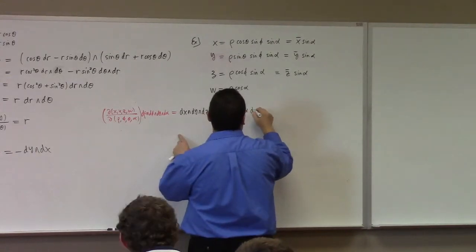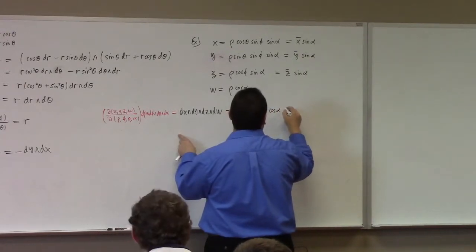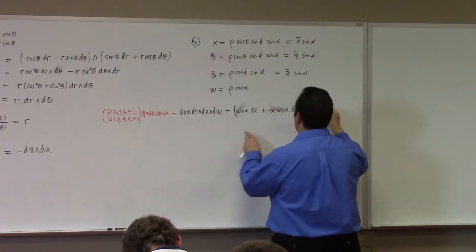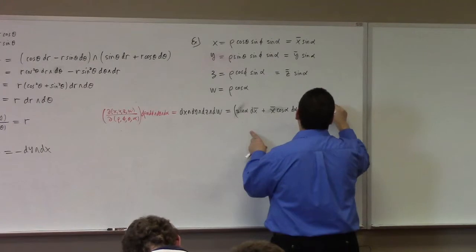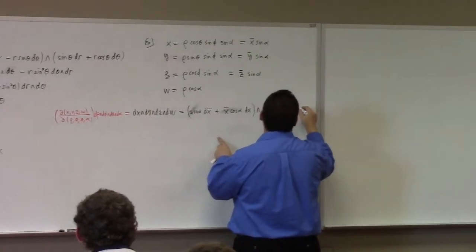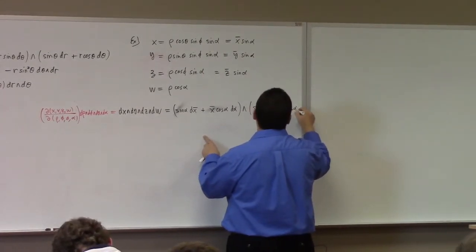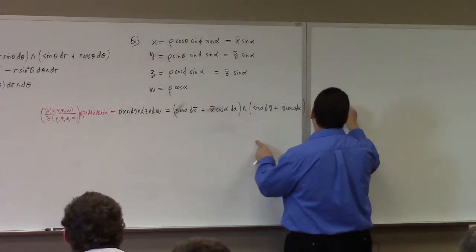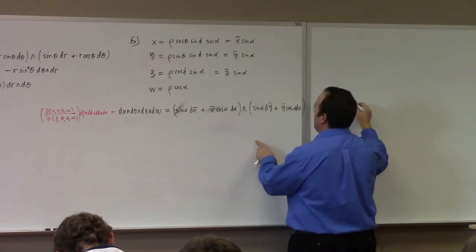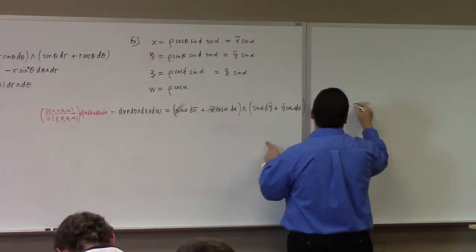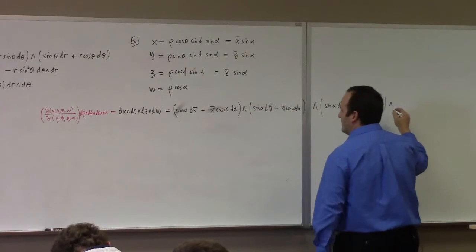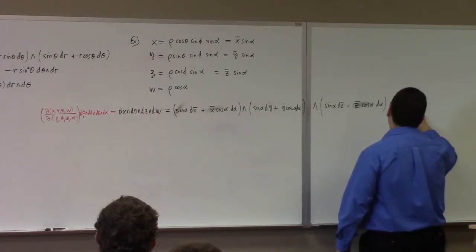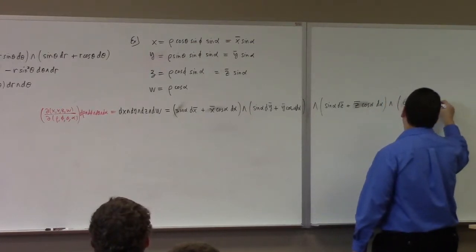It's sine alpha dx bar plus x bar cosine alpha d alpha, wedged with sine alpha dy bar plus y bar cosine alpha d alpha, wedged with sine alpha dz bar plus z bar cosine alpha d alpha, wedged with, d rho, I try to write the coefficients first, cosine alpha d rho minus sine alpha d alpha.